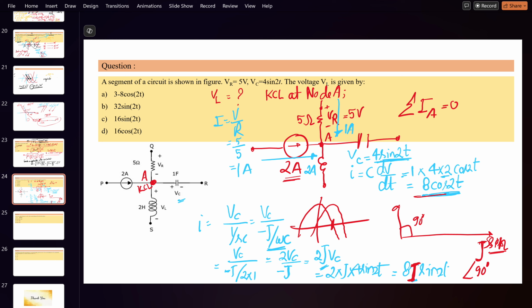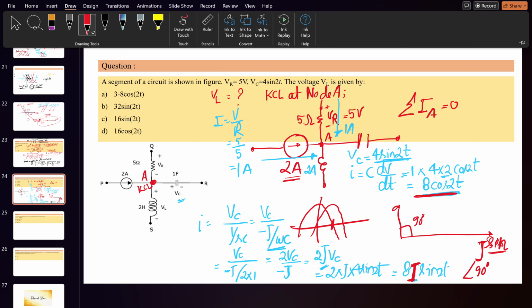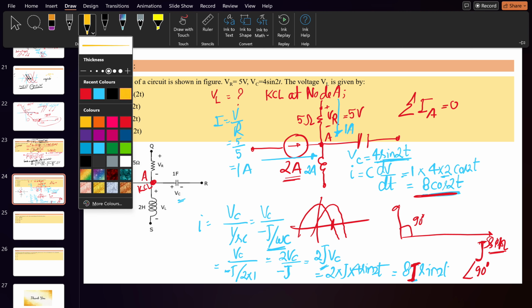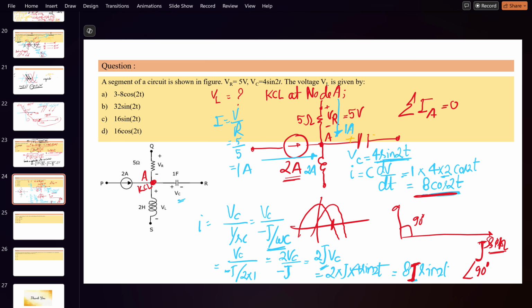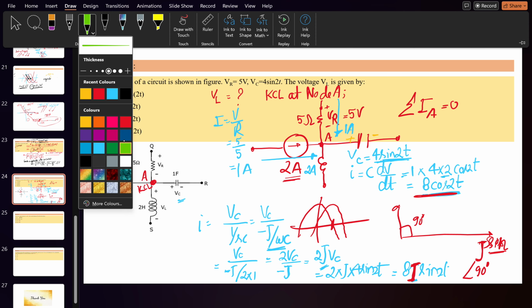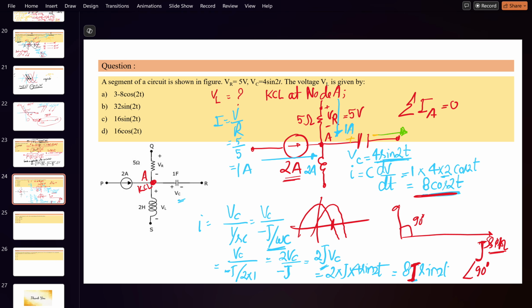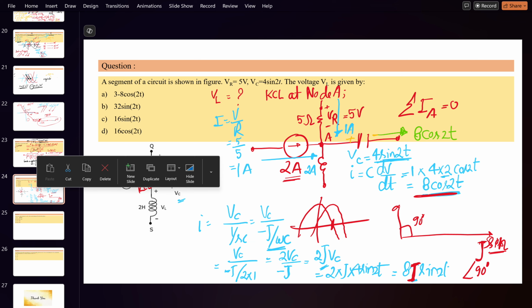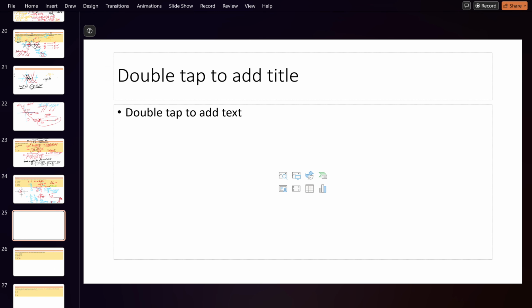So I have got 8 cos 2t. Now the thing is how to calculate, because we have got all three currents. This is positive, this is negative, and this current is flowing out of the network. Summation of I is equal to 0, so let me take another slide for that.